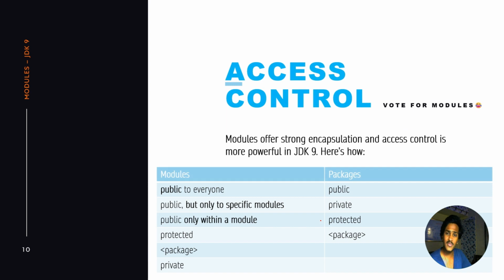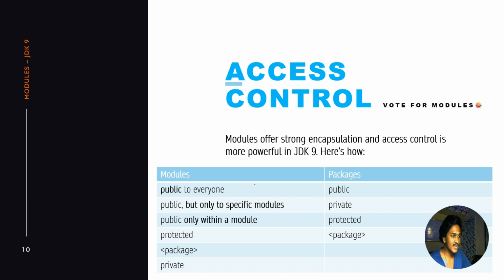Here is a comparison between modules and packages prior to JDK 9 and after JDK 9. So we'll get to know about the different access layers that are being brought to us by the introduction of modules in JDK 9.